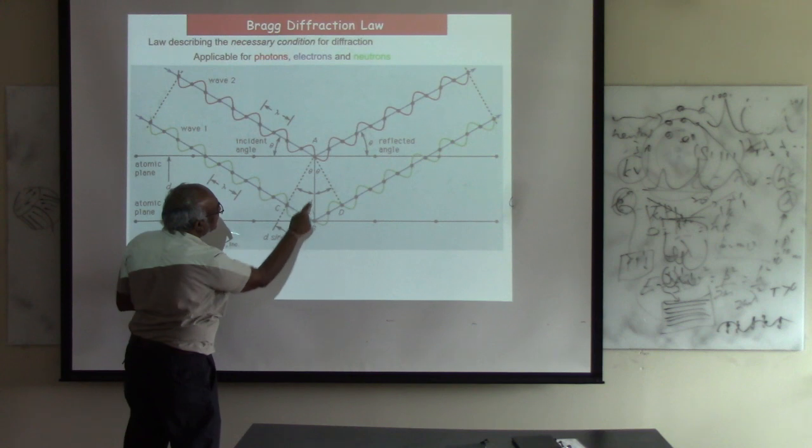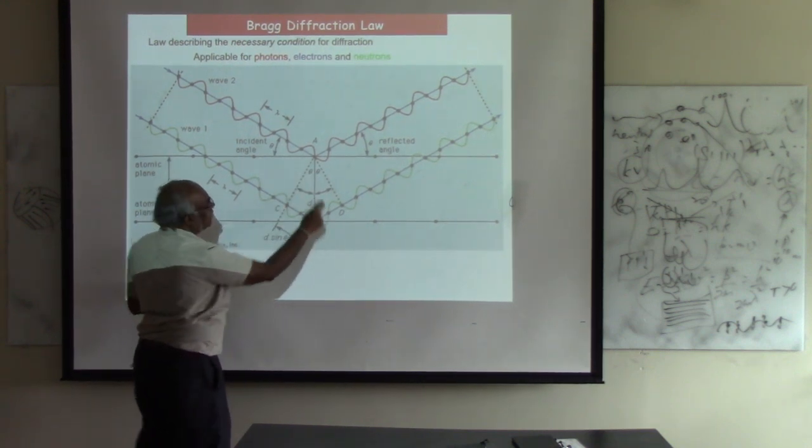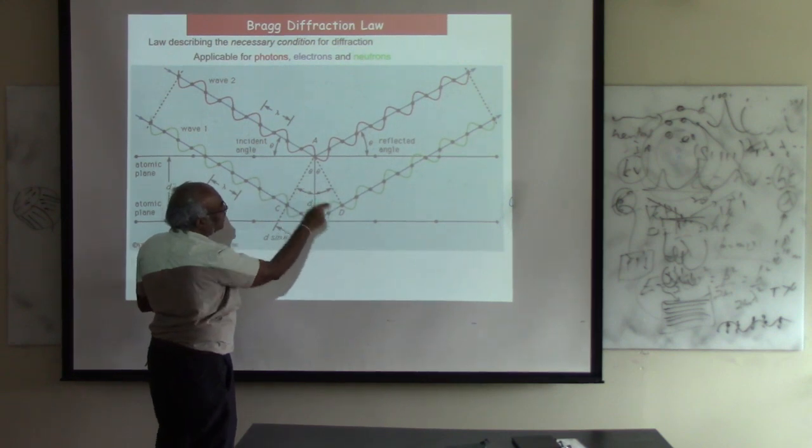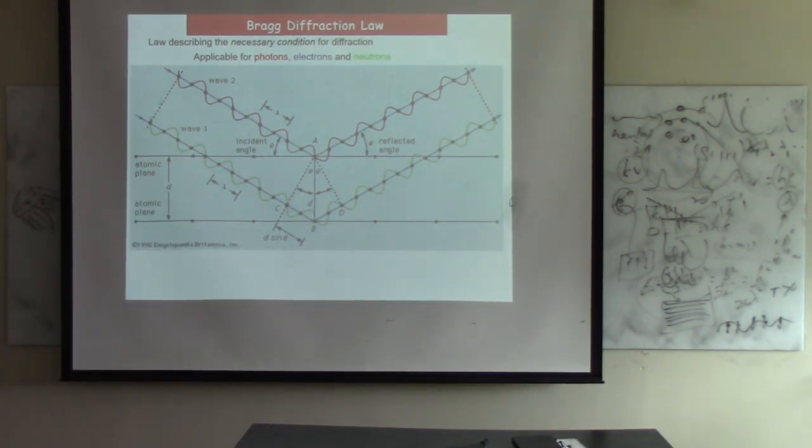Then this length, with this 90 degrees, is d sine theta. Here again this is also d sine theta. Then the path difference is 2d sine theta, right? 2d sine theta. So if we want interference constructively, this should be simply n times lambda. That's it.